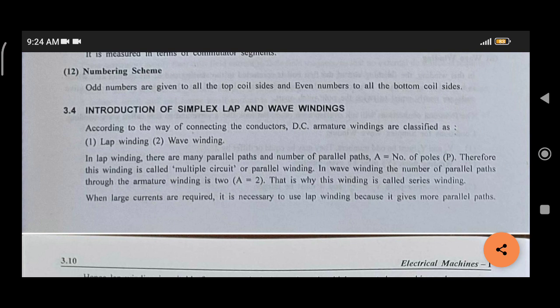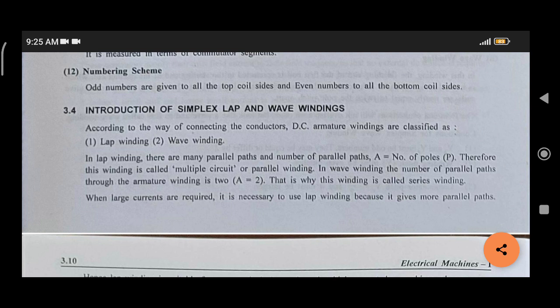We choose the winding type according to the application. Suppose we have an application that requires a large current; in that case we will use lap winding, because we have many parallel paths.